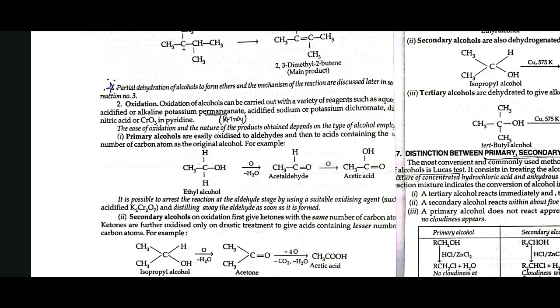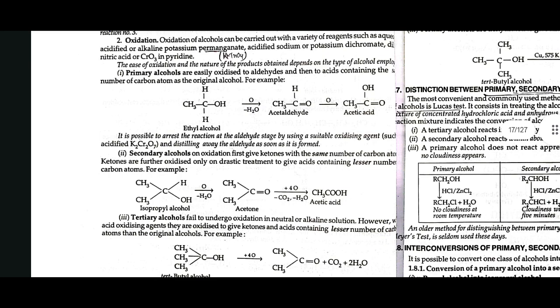Primary alcohols are easily oxidized to aldehydes and then to acids containing the same number of carbon atoms as the original alcohols. It is possible to arrest the reaction at the aldehyde stage by using a suitable oxidizing agent such as acidified K2Cr2O7 and distilling away the aldehyde as soon as it is formed.